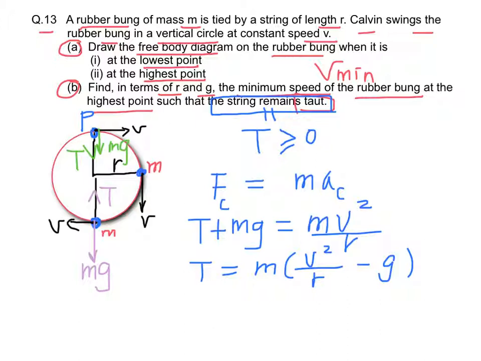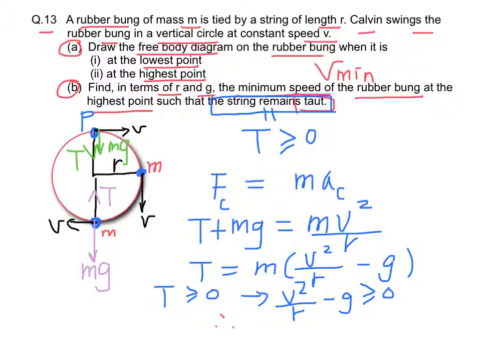In order for the tension to be greater than or equal to 0, we have v squared over r minus g must be greater than or equal to 0.